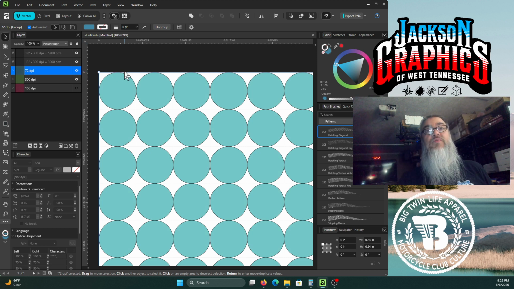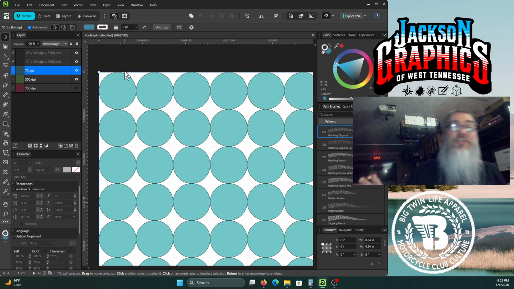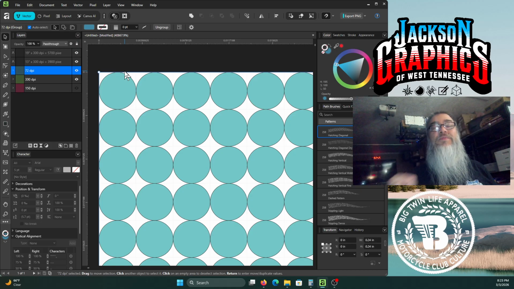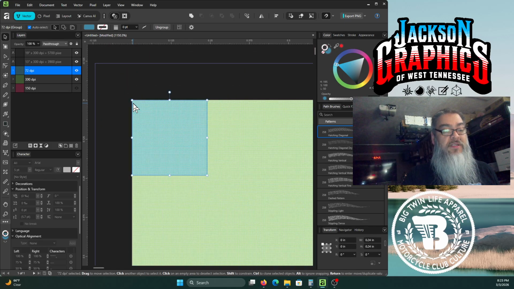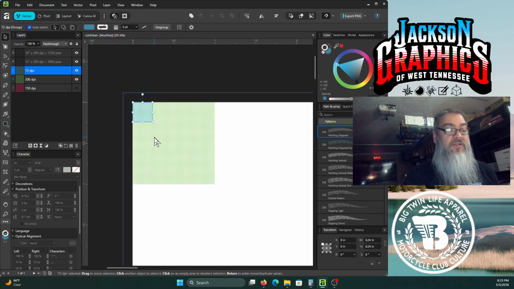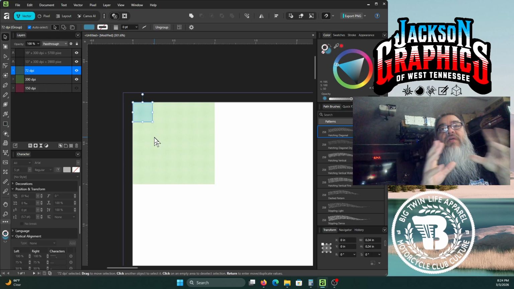That's what happens when you bring a low resolution image in. You bring a 72 DPI image into a 300 DPI document, it's going to take that image and shrink it down so that those pixels match size. And that's why what you thought was supposed to be 10 inches or whatever now looks like that compared to what it's supposed to be. So that's what happens when you mix resolutions.